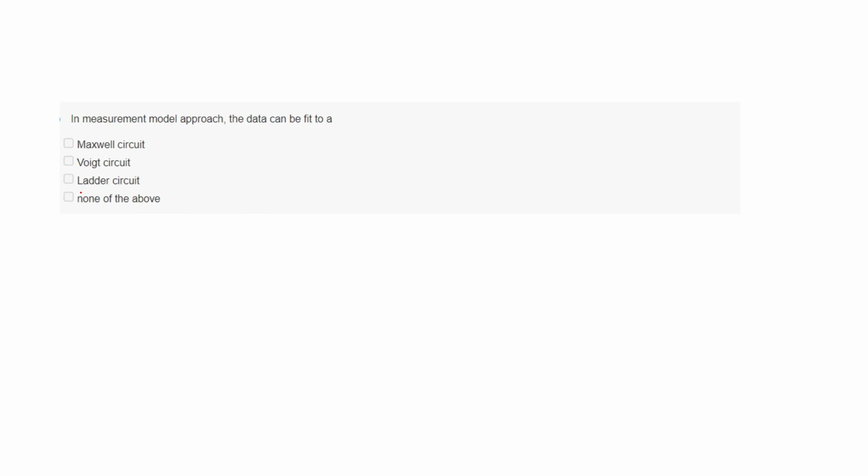Maxwell circuit, Voigt circuit, or ladder circuit? Or none of the above?